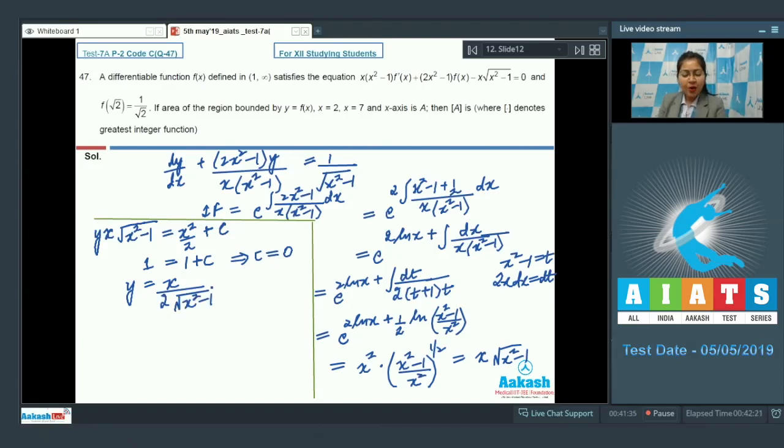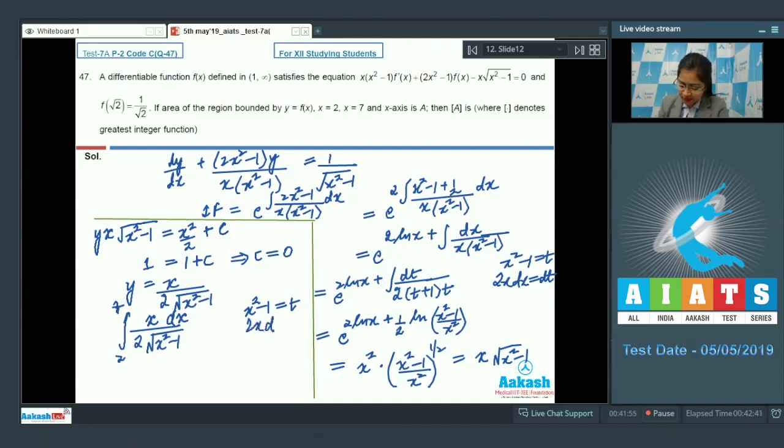Now we have to find the area bounded by y equal to f(x), x equal to 2, x equal to 7. So that will be integral 2 to 7 of x upon 2 into under root of x square minus 1 into dx. Now here let's take x square minus 1 equal to t.